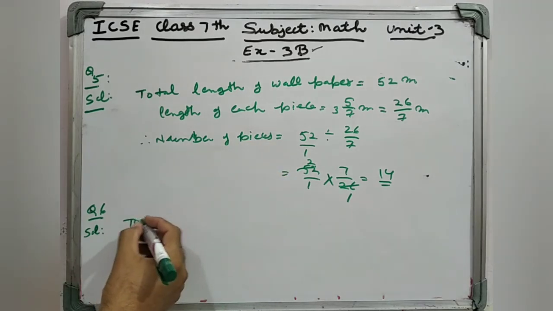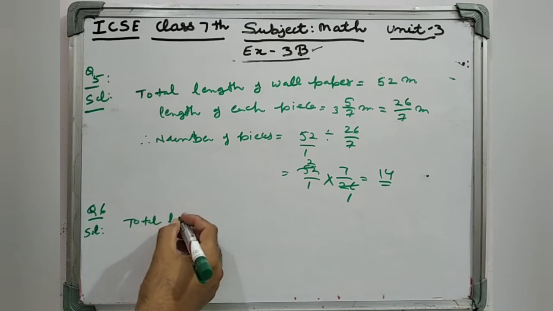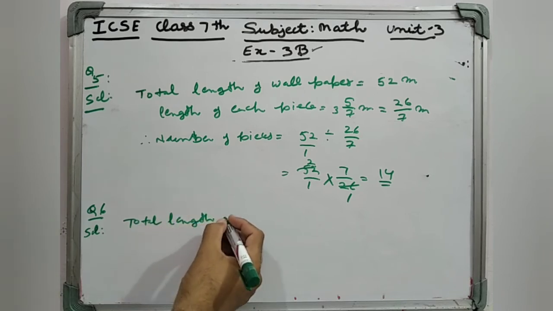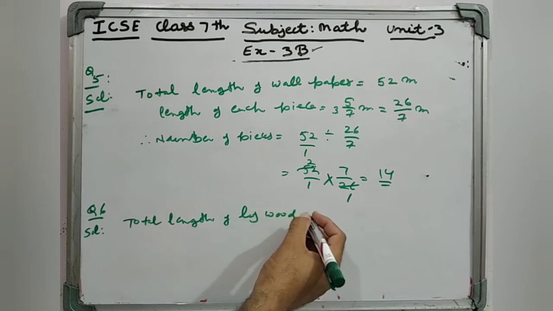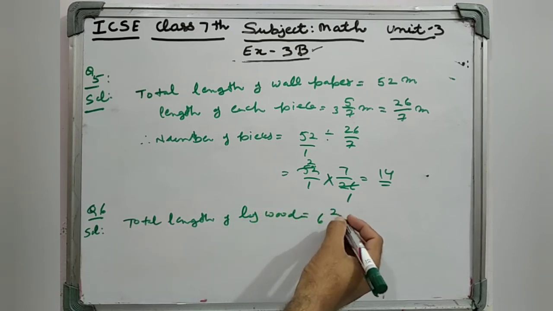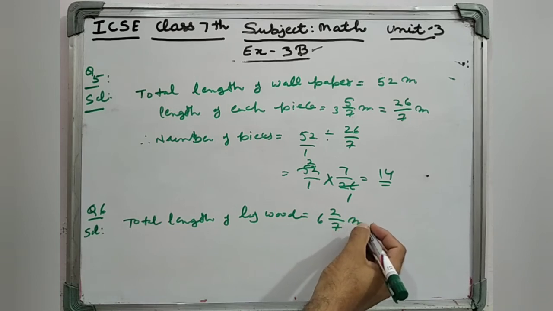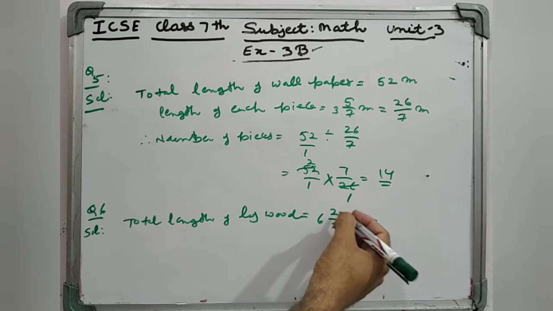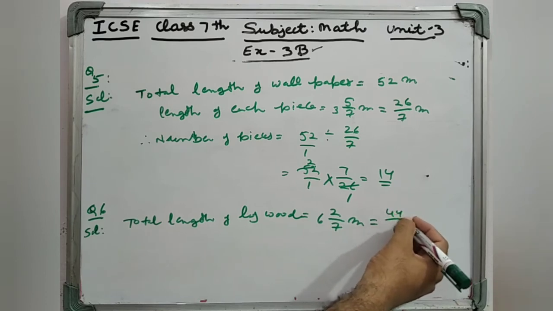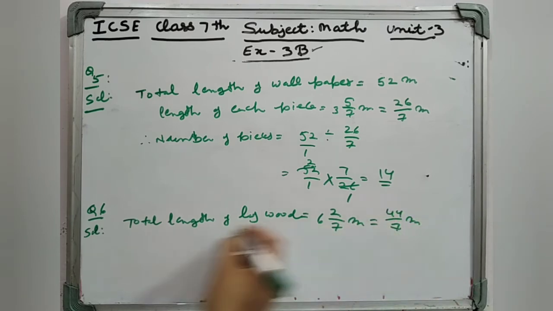Total length of logwood is equal to 6 by 7 meter, that is 7 sixes are 42 plus 2, 44 by 7 meter.